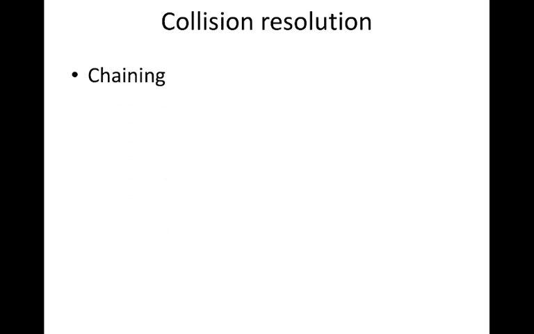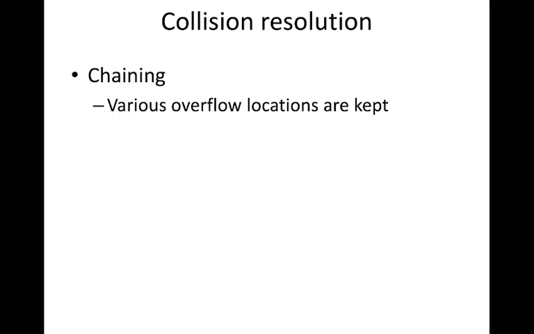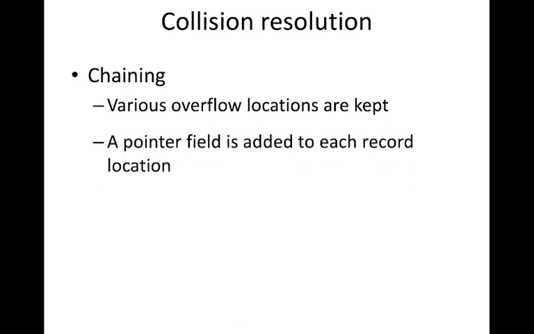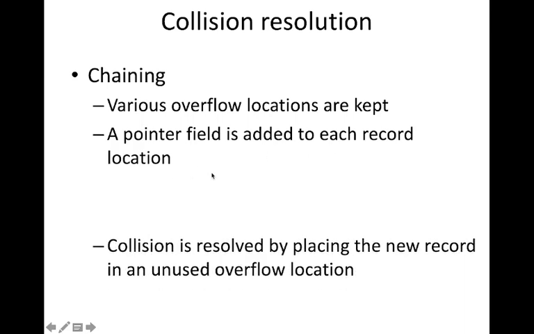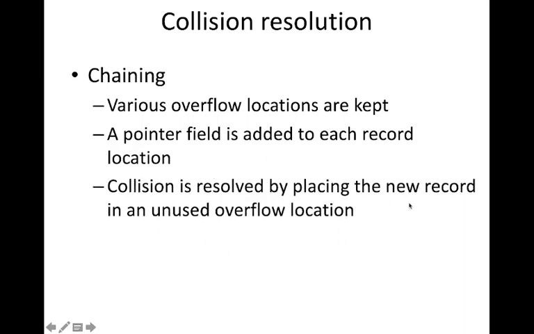Then the second method is chaining. In chaining, various overflow locations are kept separately, and additionally a pointer field is added to each record location. Collision is resolved by placing the new record in an unused overflow location.